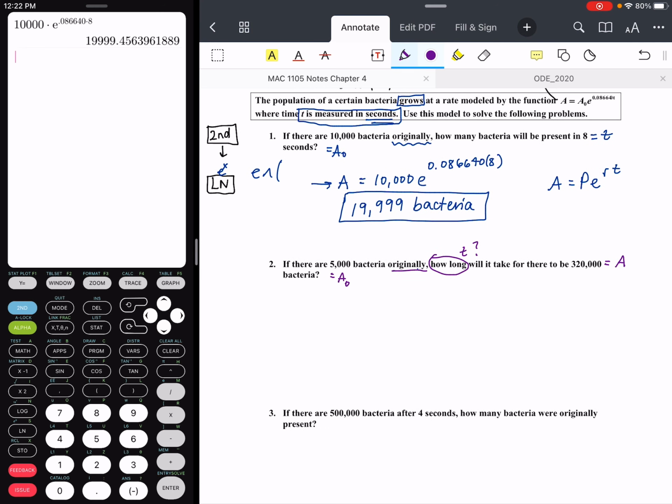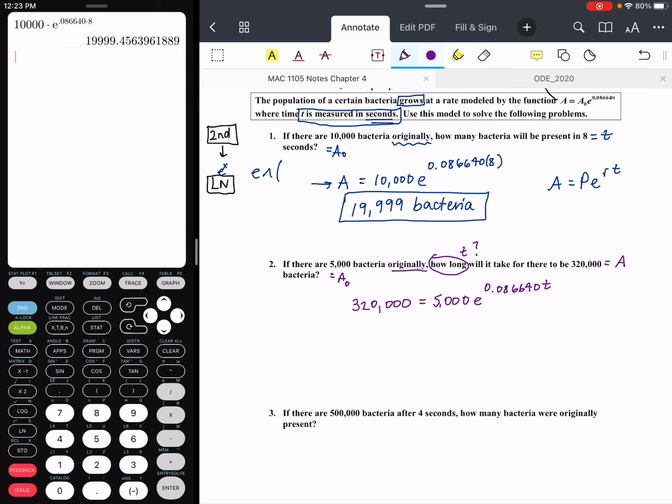So let's use this formula again. So now for A, I'm going to write in 320,000 equals my initial amount, 5,000, times e raised to the power 0.086640 times t.